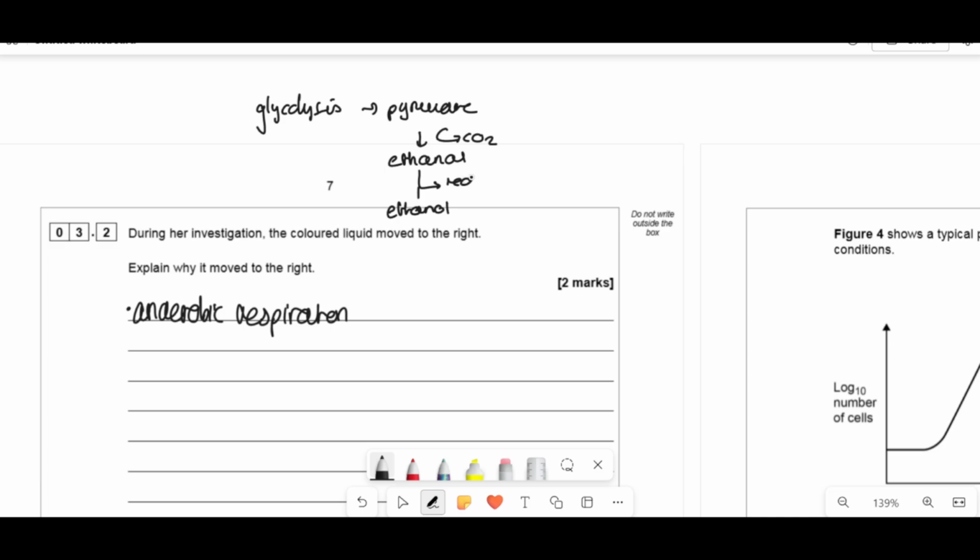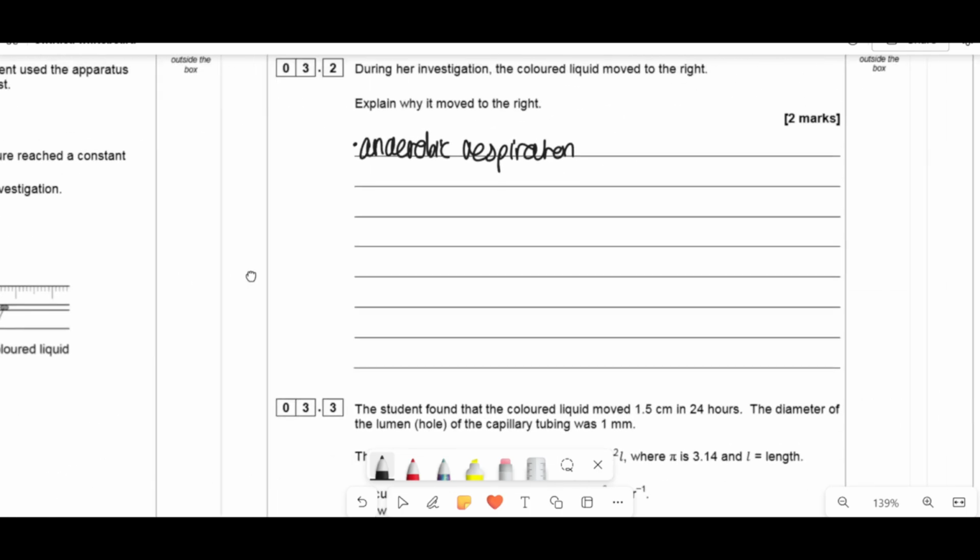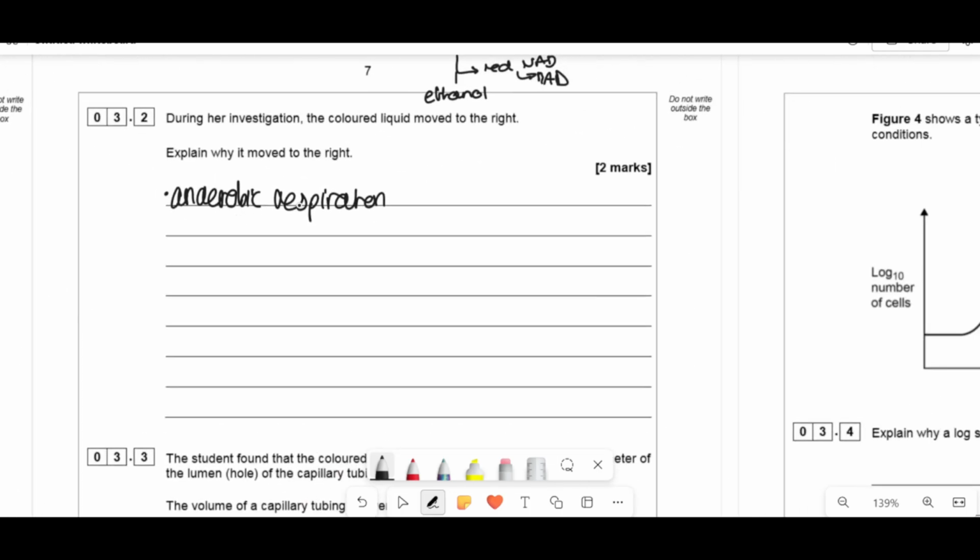And reduced NAD is oxidized to become NAD, to regenerate it so that glycolysis can at least continue. So you get a bit of ATP out there. The only gas that's been produced from here is CO2, so it must be that. So anaerobic respiration produced CO2. This still doesn't explain why it moved to the right though. There's an increased pressure in the flask, moving it to the right.